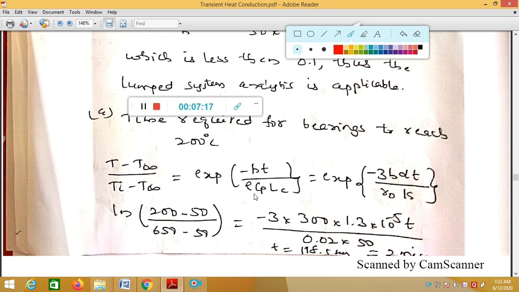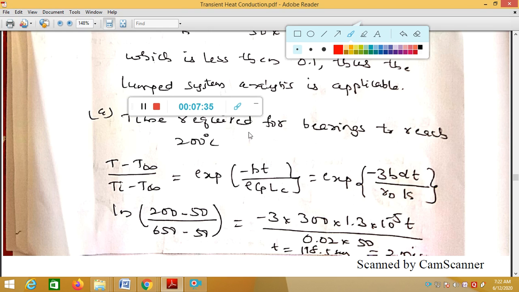So using the same expression here, he has not given the value of density and specific heat. Instead, he has given k and alpha. We know that the thermal diffusivity alpha equal to k by rho Cp, so rho Cp equal to k by alpha.